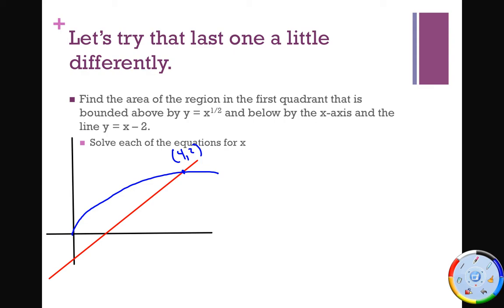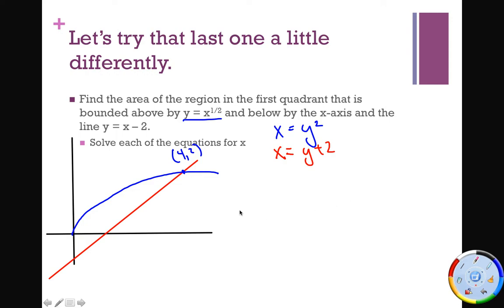For the first equation, let's call this the blue equation because that's the color I'm using, we solve this for x, and we'll say that x is equal to y squared. Getting x by itself, just square both sides. And for the red equation, we do the same thing. If we solve this for x, very simply, x is equal to y plus 2.